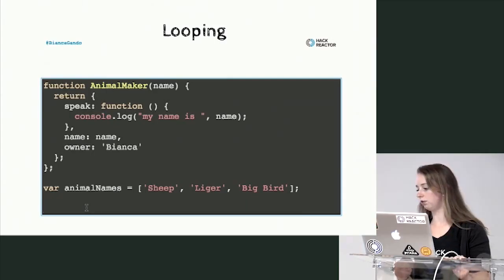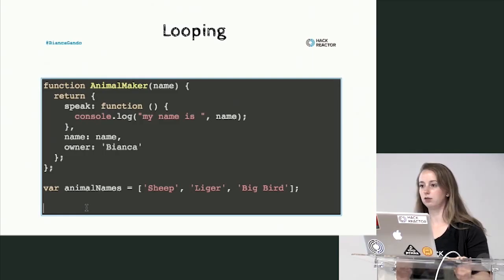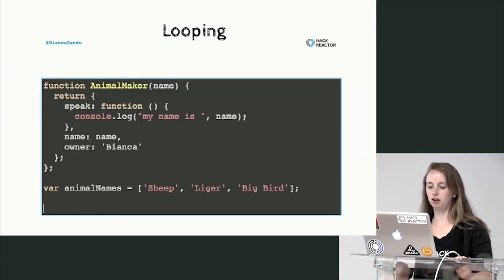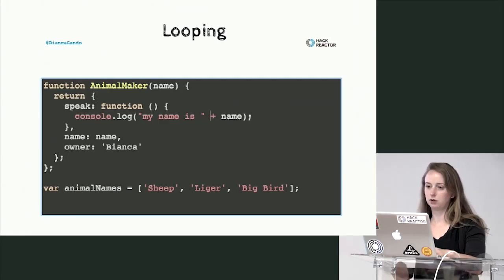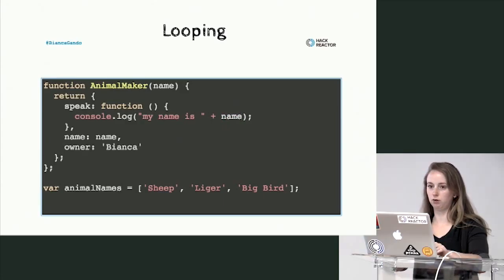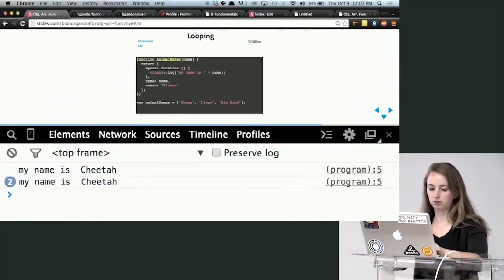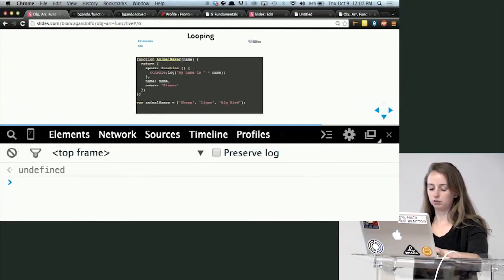And then to the question about the console log with the plus sign. You can use the plus sign if you want. What it does to this variable is force it into a string. So if name was an object, that would run into some problems, because it's like saying this string plus some object.